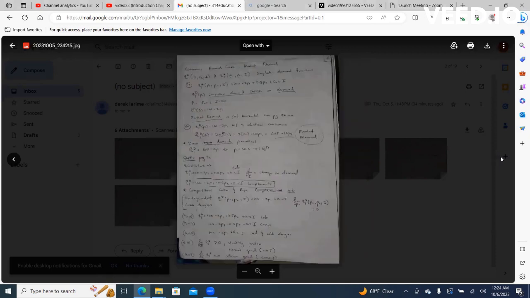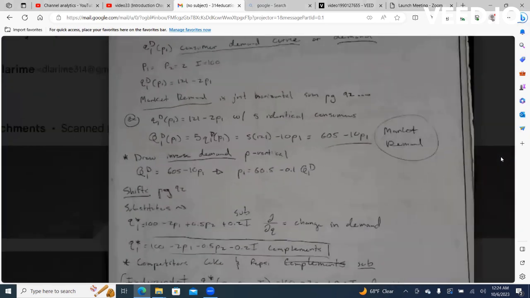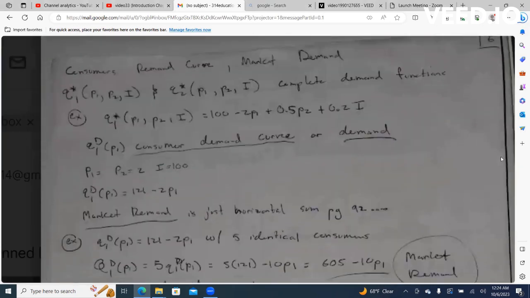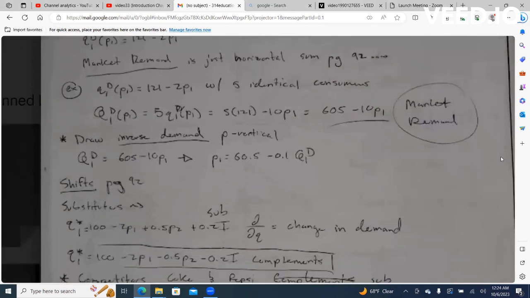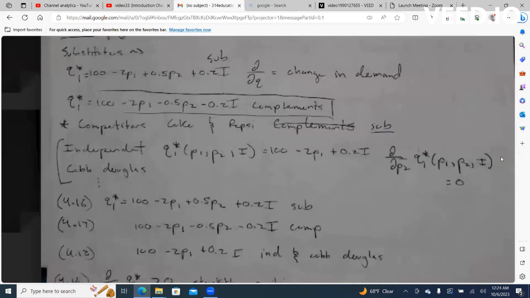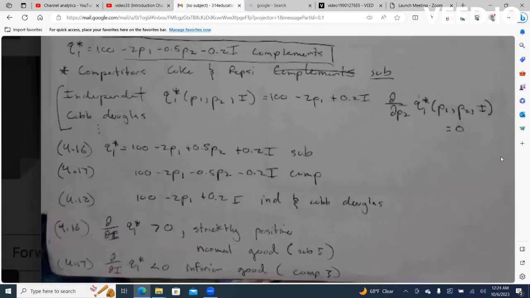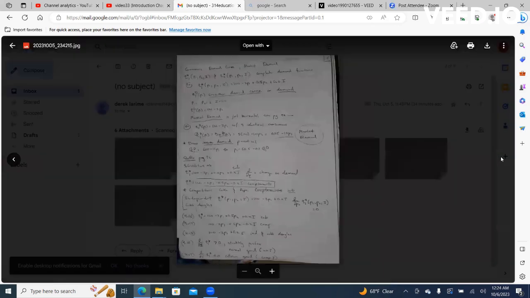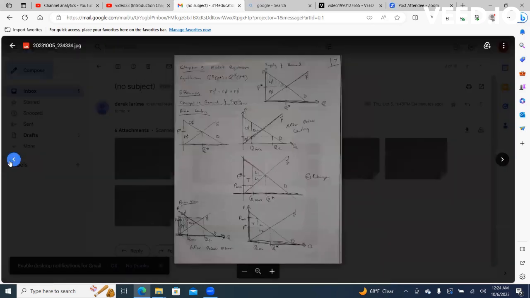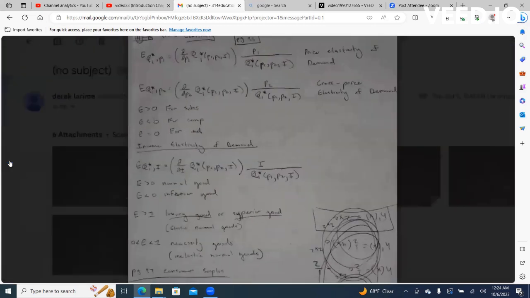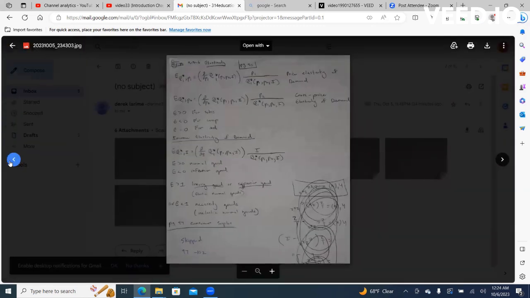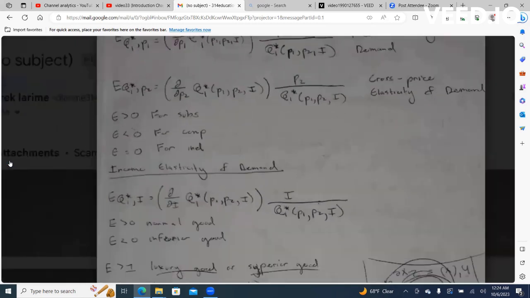Okay, so this is going to be page 6. We're still looking at chapter 4 here. And then this is kind of like the back page of chapter 6.